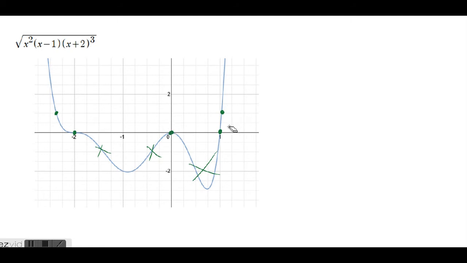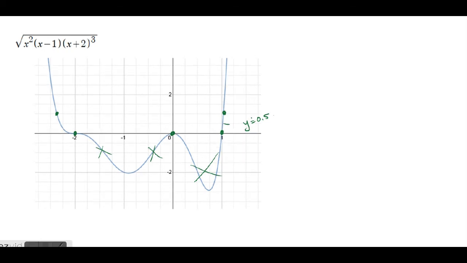For the rest of it, you should just pick some y values and take the square root of them. For example, this right here is y approximately 0.5. When you do the square root of 0.5, you get roughly 0.7. So it is actually higher than the y value that we have.